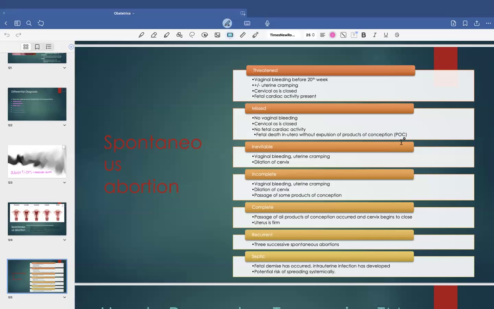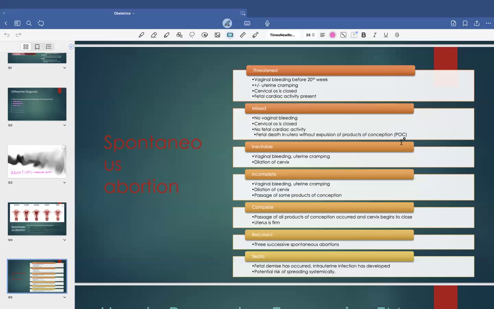Threatened can progress to missed. So TM Inc, trademark Inc. Remember that mnemonic, TM Inc. The T, the threatened, can either progress to the M, the missed, or it can progress to the Inc. So in missed, there's no vaginal bleeding. The os is still closed. So remember, we started with the os closed in the threatened, the os is still closed in the missed. There is no fetal cardiac activity, however.